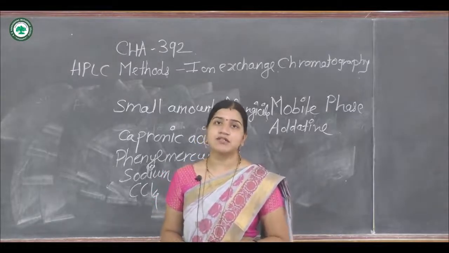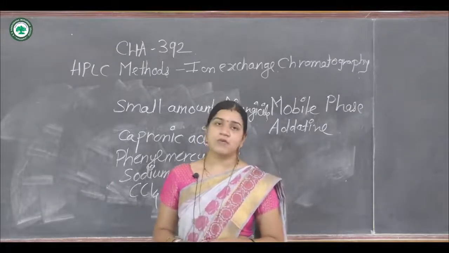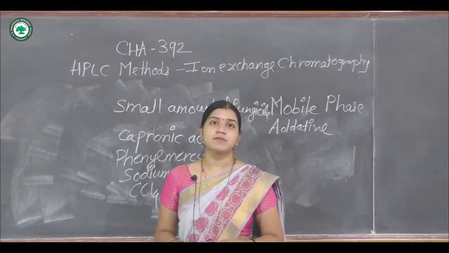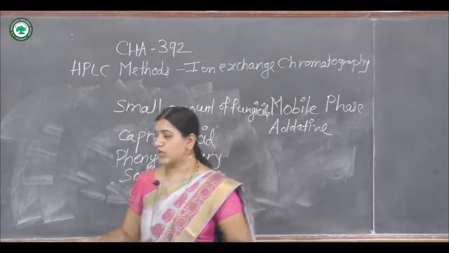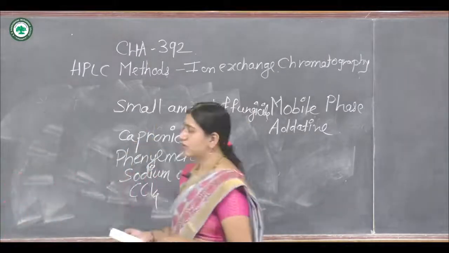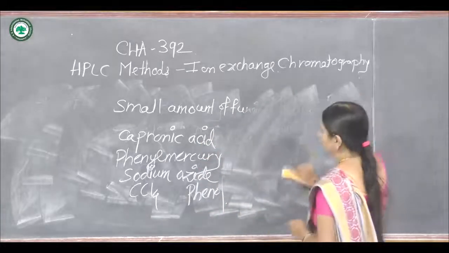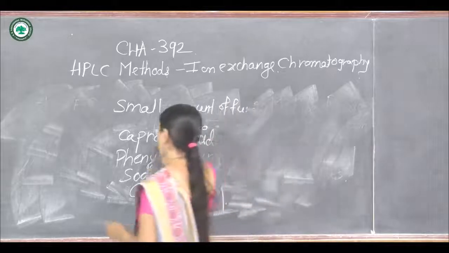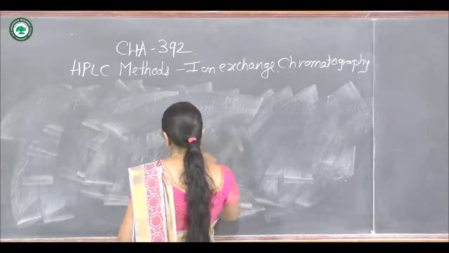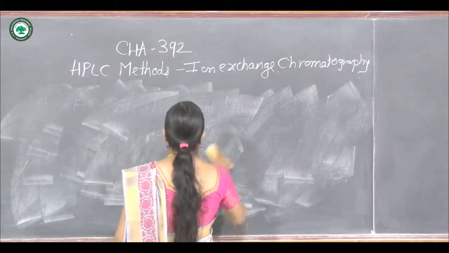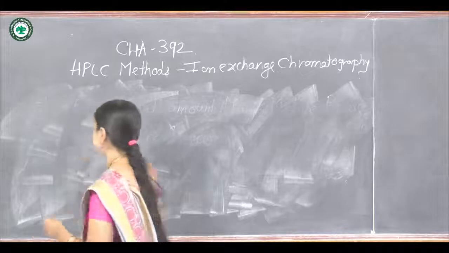Apart from all this, the next is the counter ion and sample ion interaction. This is the most common type of interaction taking place in ion exchange chromatography. For that, instead of using the common or original ions, you can prefer to use another type of ion.